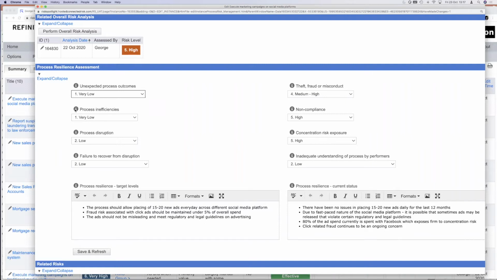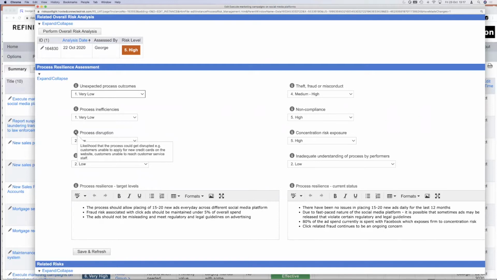Then the second one is likelihood of inefficiencies. So is it possible that this process could become inefficient, where it could become slow, or it could not deliver as many outputs as we need at certain points in time? So what is the likelihood of that based on how this process is running at the moment? Similarly, you have process disruption. So what is the likelihood, based on how this process is running, that it could get disrupted?